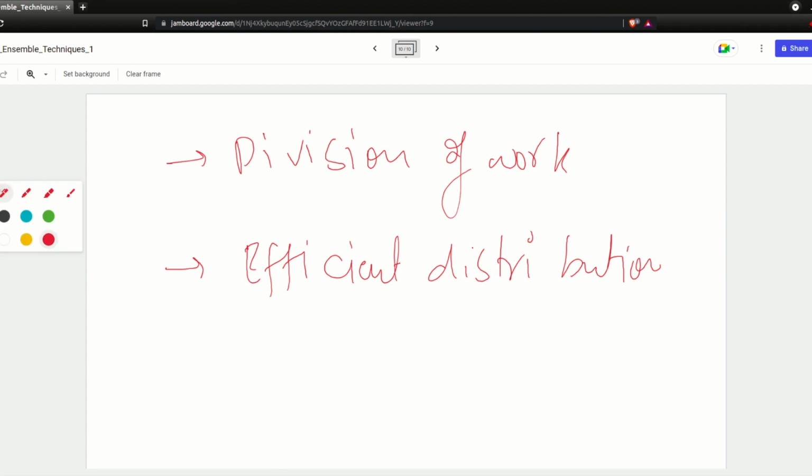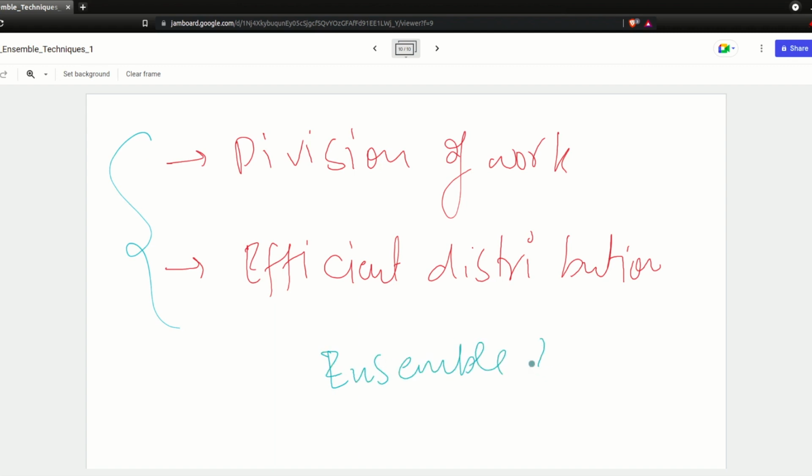This is the main crux of ensemble learning. In short, if someone asks you in a nutshell, in naive language, what you can say is that it is teamwork of different models.